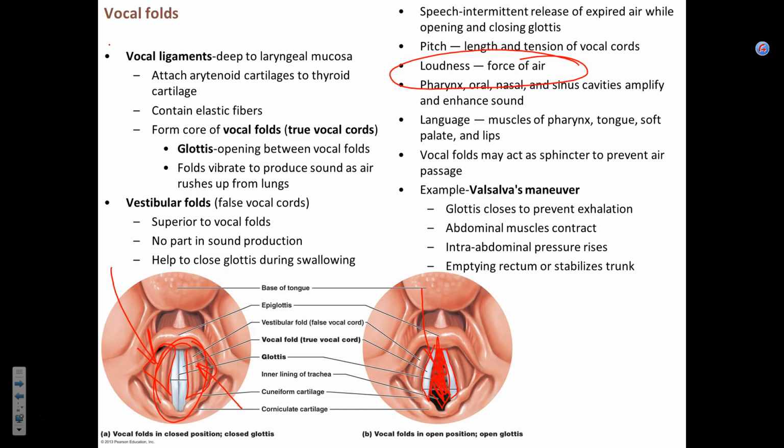When people are constipated, the extra effort to push the feces out of the rectum is to squeeze the abdomen, which will increase the pressure inside of the abdominal cavity.